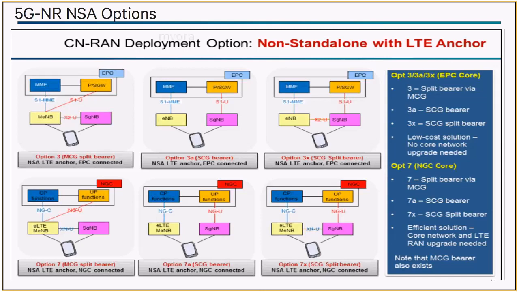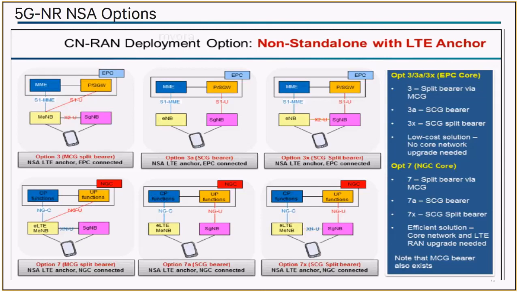Okay. So why is option 3 more popular than 3A? Let me answer. Option 3 is relatively more popular than 3A because the upgrade cost is only the S1U connectivity between PGW and the master E node B. Typically, most of the base station vendors would just have an NR card inserted in their existing E node B to support NR connectivity.